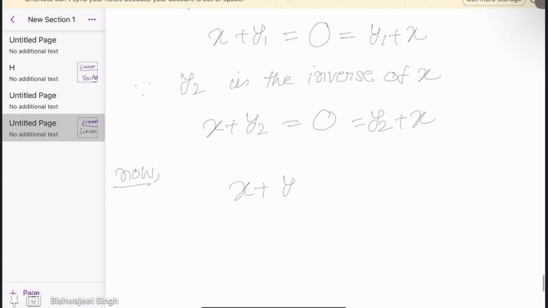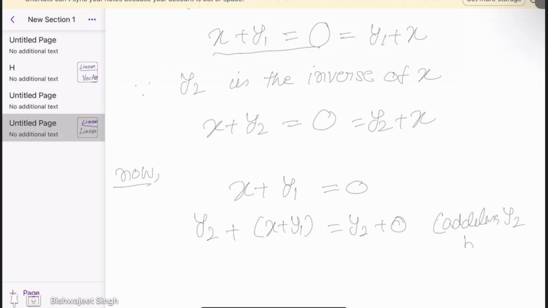Now we take this. From here we can see that x plus y1 is 0. I will add y2 to both sides. So y2 plus x plus y1 is equal to y2 plus 0.